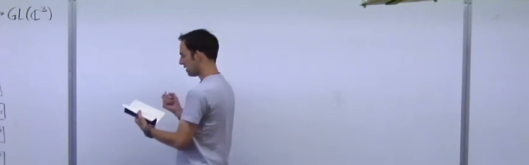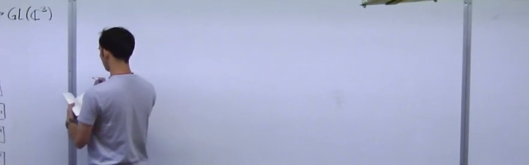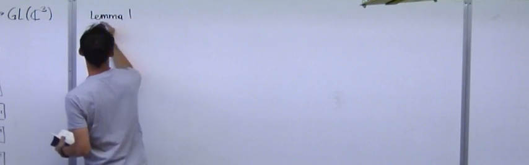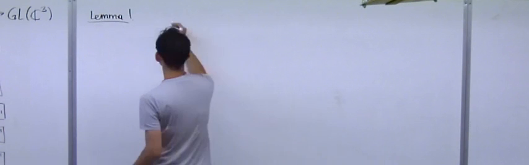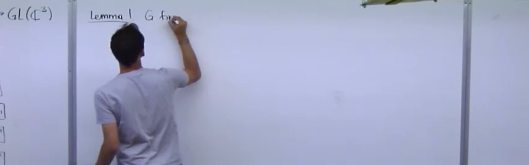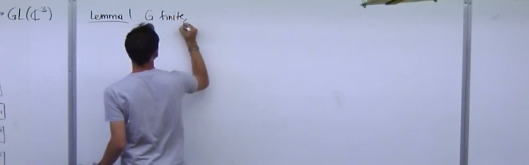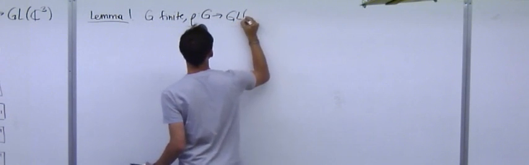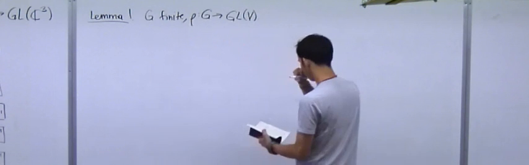So you see these group representations are not anything too mysterious. So let's prove some facts about group representations. Okay. Let's say that we have a finite group, and let's say that we have some representation of it. Okay.